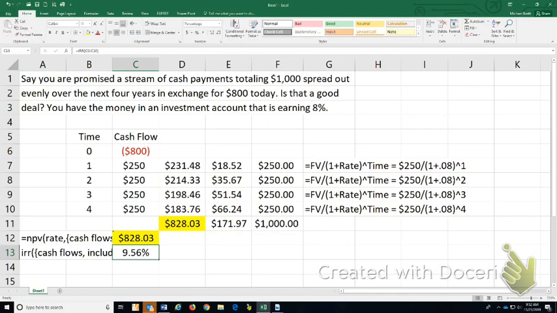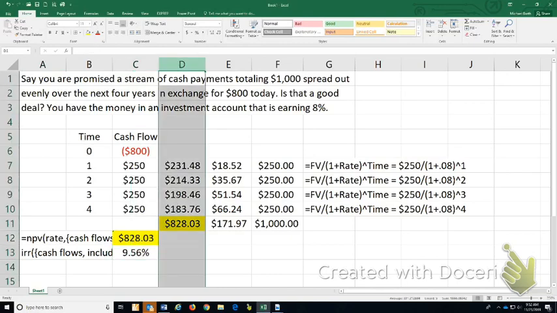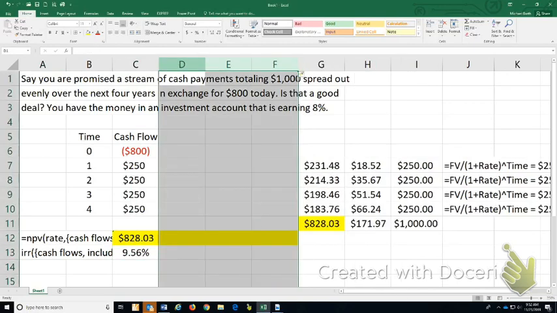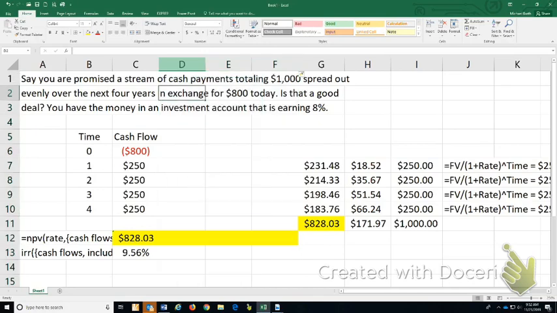Now, if you refer back to the other problem we had, I'm just going to add some rows here. What we looked at in the other example is where the cash flows are 100, 200, 300, and 400. And if we took the present value and the IRR of those, we see that the same $1,000 is actually not as good a deal when it's split up like this.